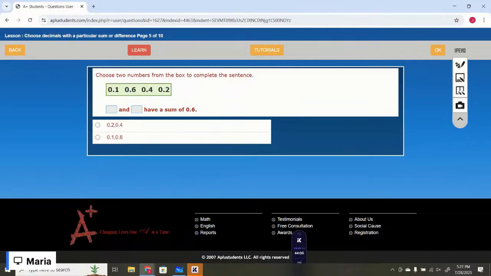Choose two numbers from the box to complete the sentence. Which two numbers have the sum 0.6? Option number 1 is the correct option.